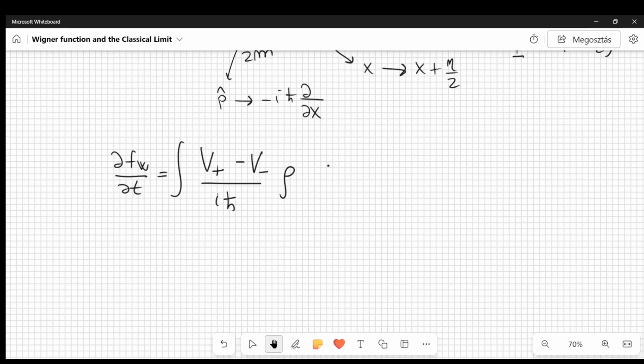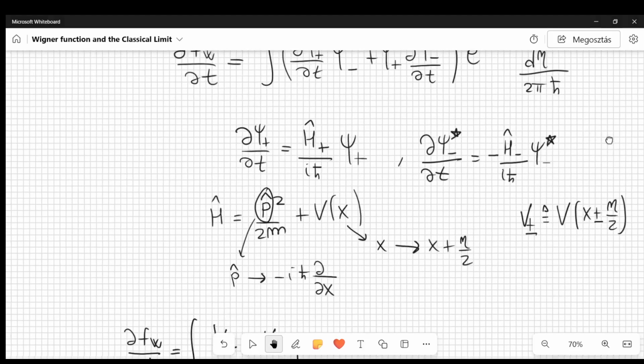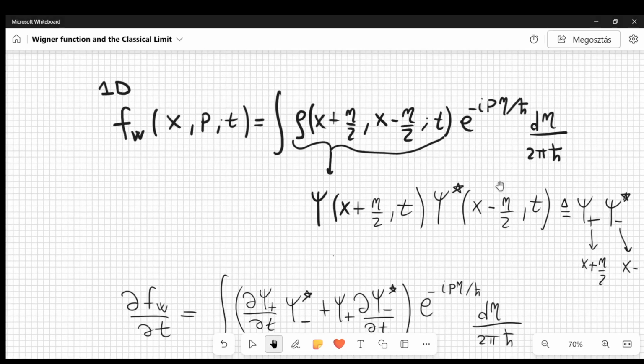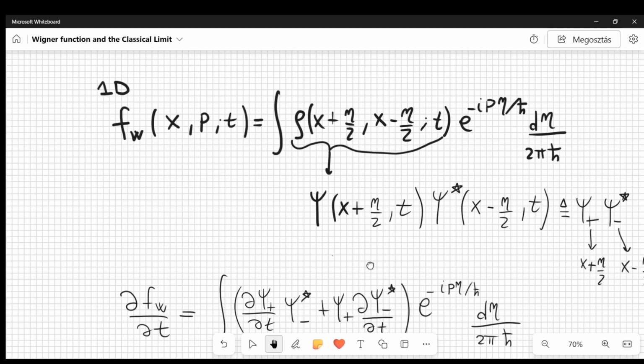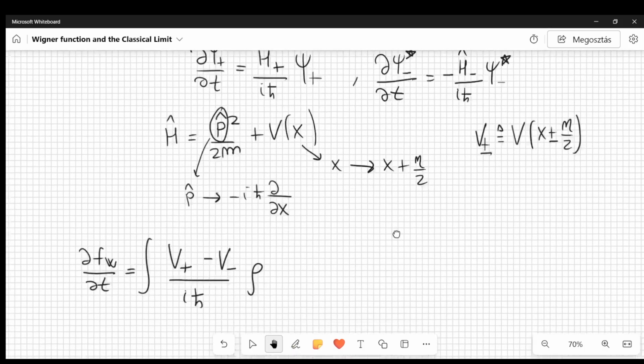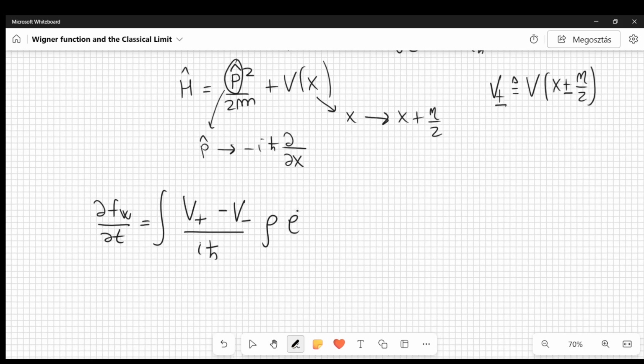This density function, remember, is evaluated at this argument here. And then we have e to the minus i p eta over h bar, d eta over 2 pi h bar.